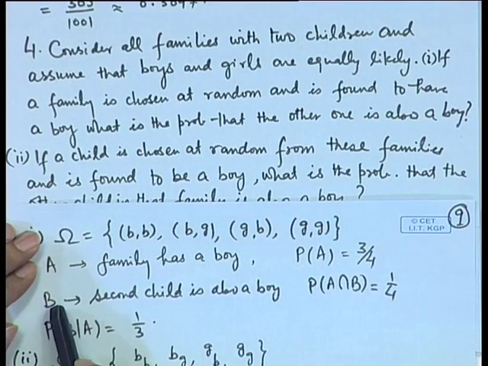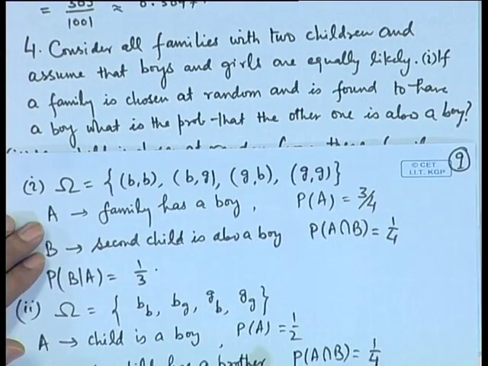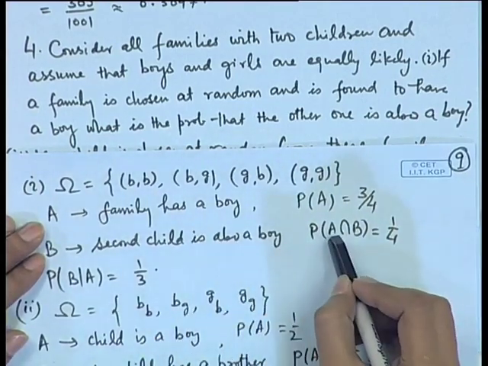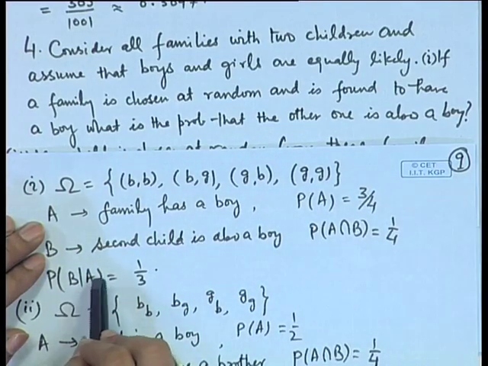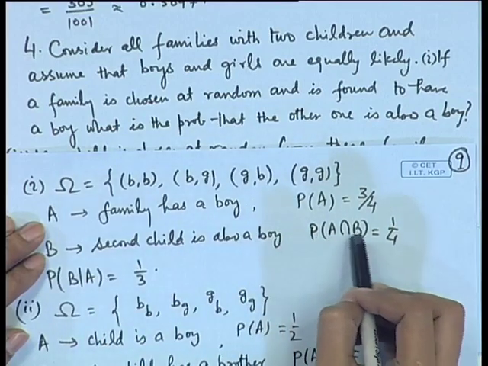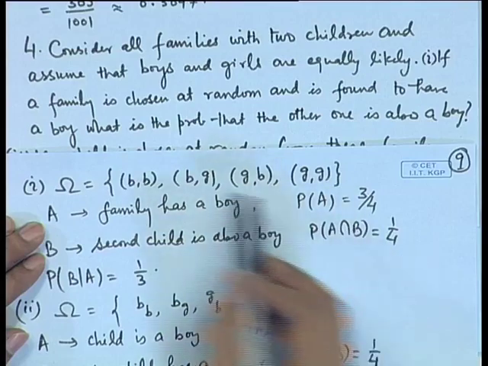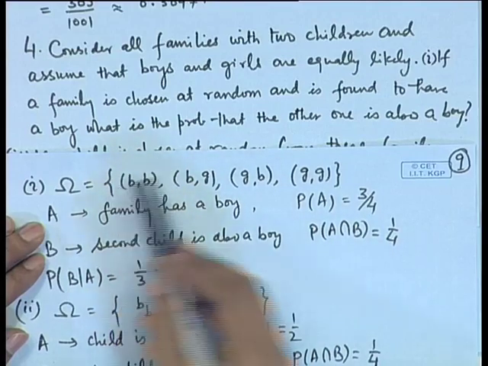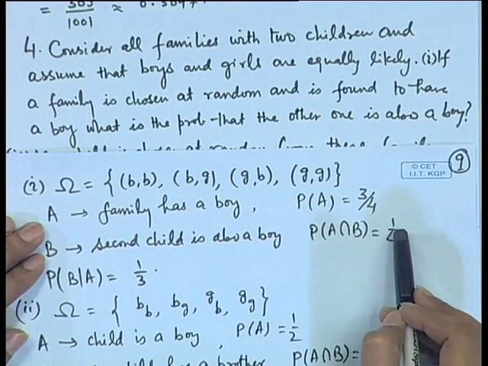So, the family has a boy, the probability of that will be 3 by 4. Now if I define the event B, that the second child is also a boy, then the conditional probability of B given A is the probability of A intersection B divided by the probability of A. The probability of A intersection B corresponds to the possibility that both the children are boys. So, this is only one possibility, and therefore, the probability of that is 1 by 4.